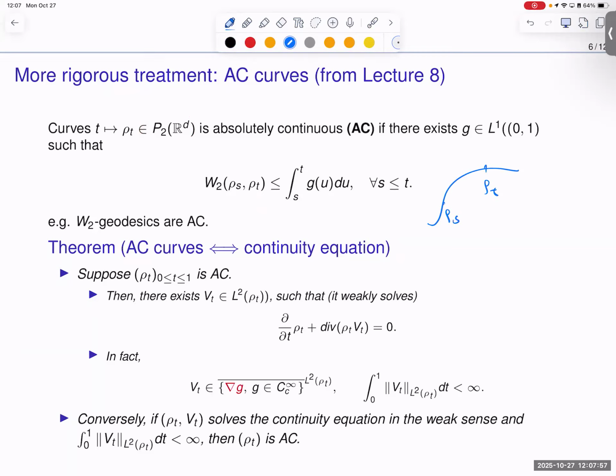It means this is a curve like this, so that when you measure the distance between these, that is bounded by some given function g. Okay, so this is similar to a Lipschitz condition, that the curve is kind of Lipschitz in the W2 sense.